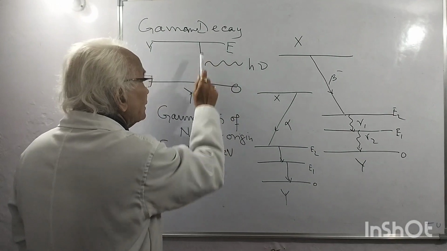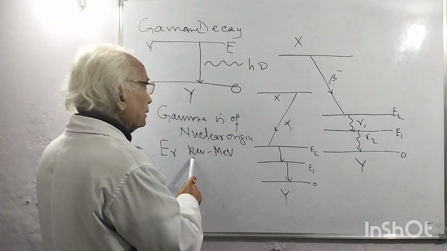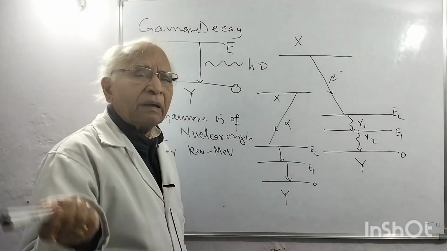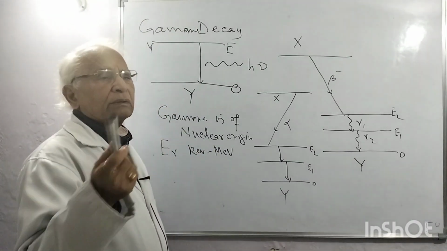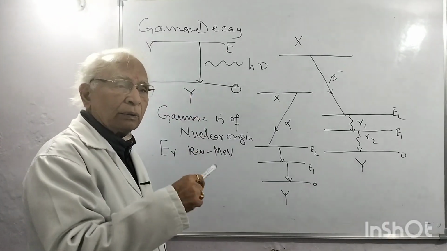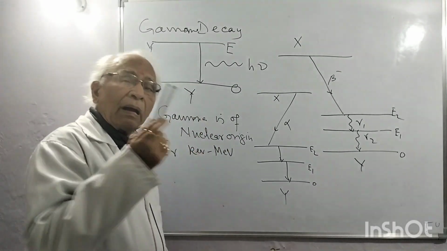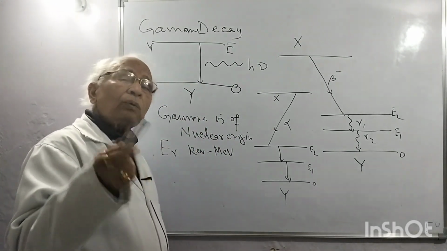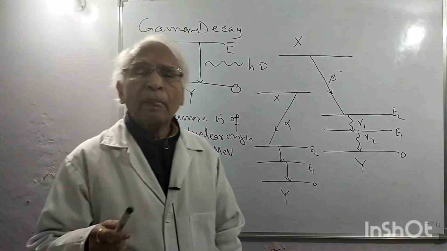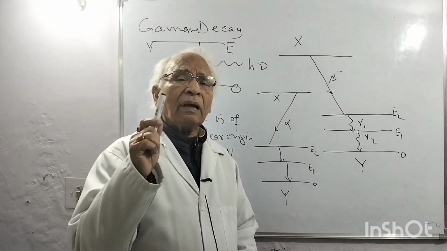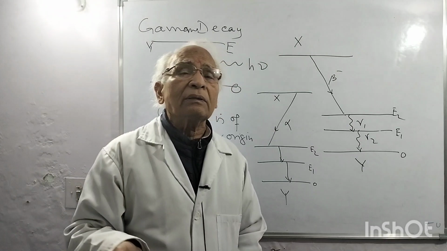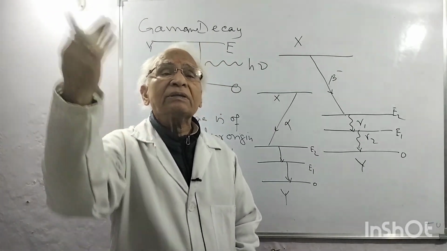Similarly, nuclear de-excitations have energy in the keV to MeV range, and we call these gamma rays. So the difference between gamma rays and photons is the energy range, or the origin also. Those are of atomic de-excitation origin, gamma rays are of nuclear de-excitation origin. So these three processes, alpha decay, beta decay, gamma decay, are natural methods of nuclear transformation, nuclear transmutations.